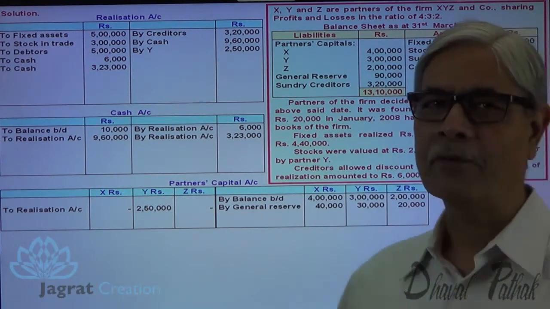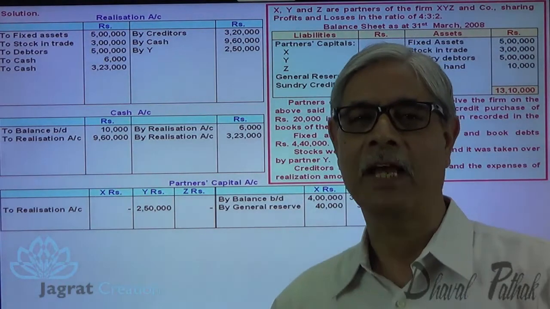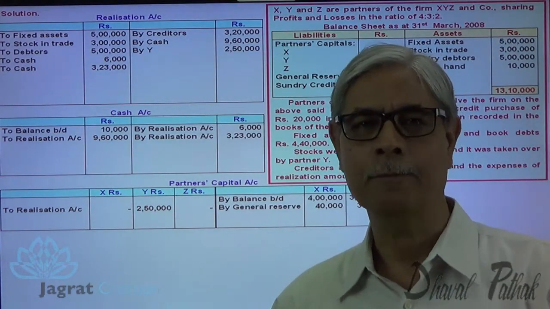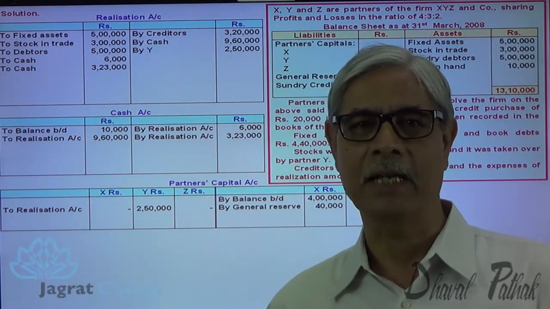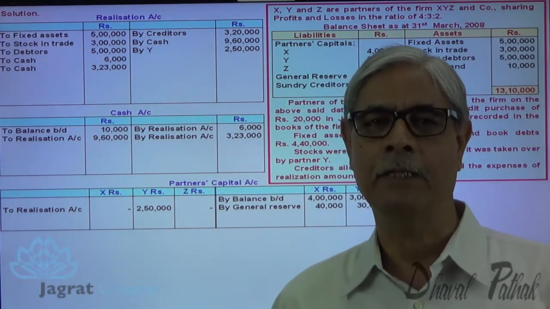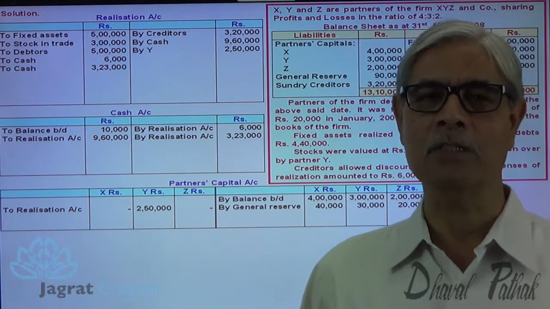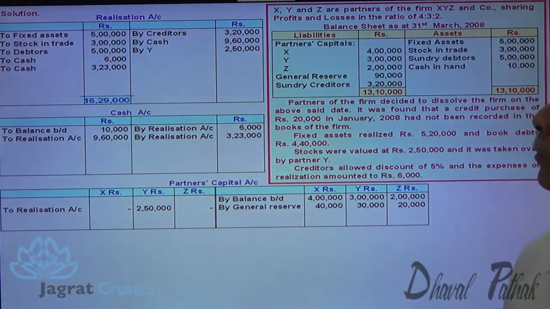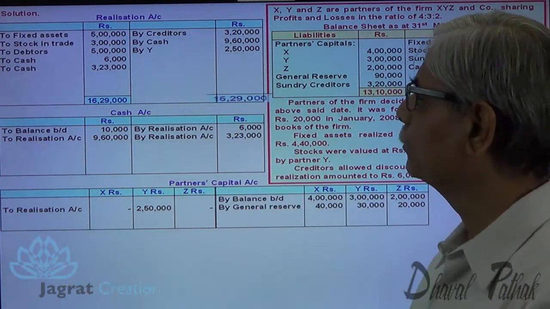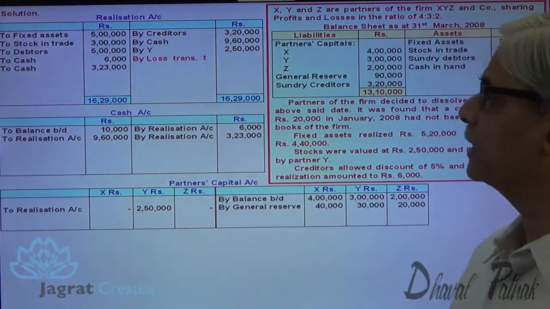Now, after realizing assets and settlement of liability and payment of realization expenses, close realization account. Find the profit or loss on realization of assets and settlement of liability and distribute that profit or loss amongst partners in the ratio of their profit sharing. Let us do that. So total of debit side minus total of credit side.